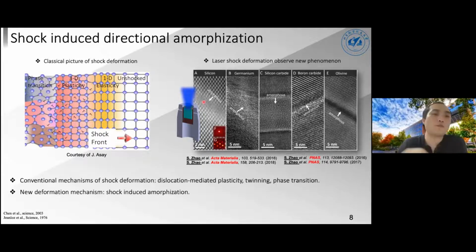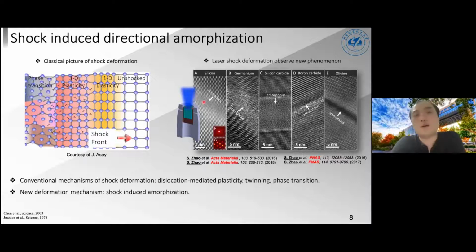This is something that has been reported before in other shock experiments. By using laser, we can recover the material in one piece, because the short time scale involved in the laser experiment largely suppresses the propagation of cracks.